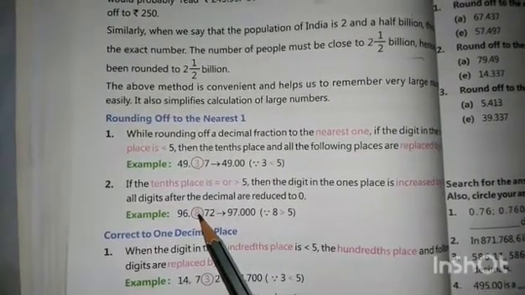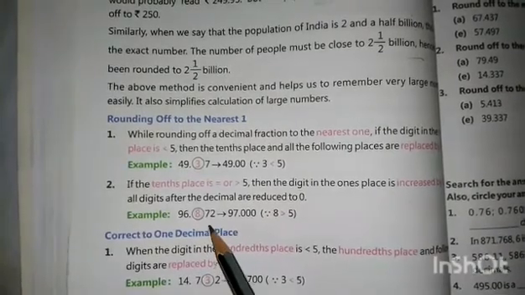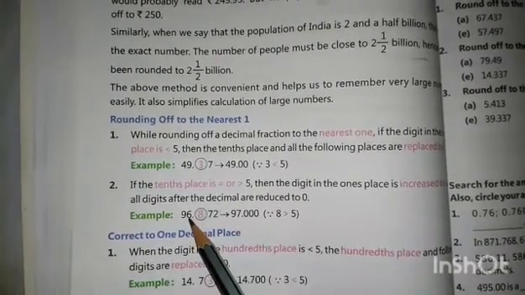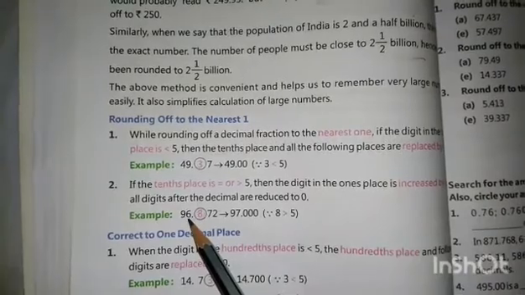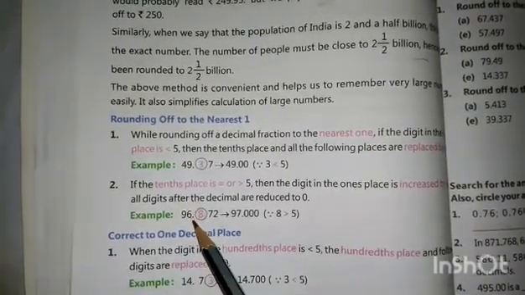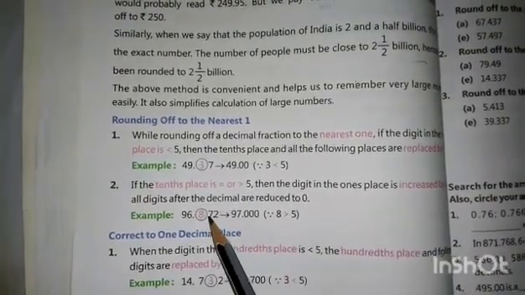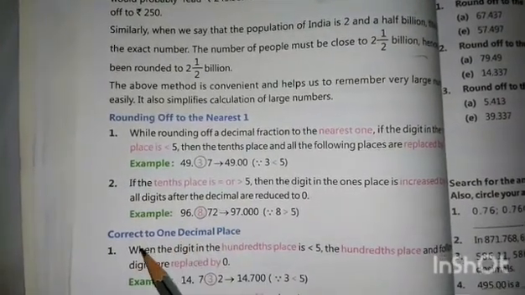Why? Because 872 is approximately read as 1000. So here this 6 increases by 1 and it becomes 97, and the remaining part is 000 on the decimal part.